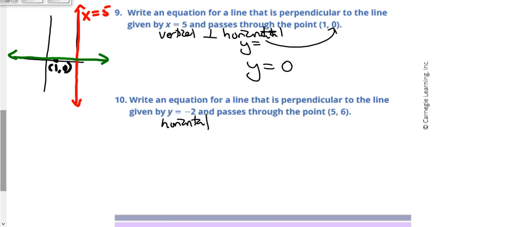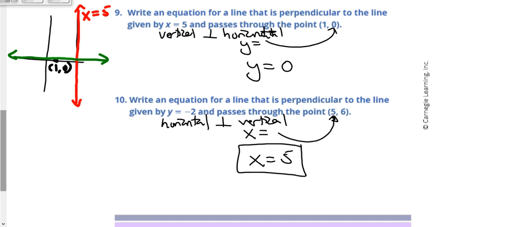So that means perpendicular to horizontal is vertical. That means it's going to be an x equals. So I need to look at the x coordinate of the point. So it's going to be x equals 5.